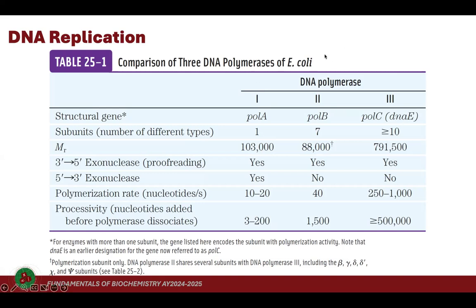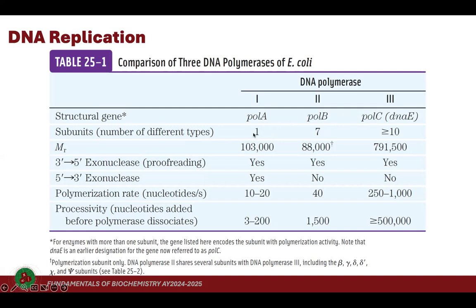So for E. coli, there are three well-established DNA polymerases, but E. coli possesses more than three DNA polymerases. But these three are already well known, and they are called Pol A, Pol B, and Pol C, Pol short for polymerase.